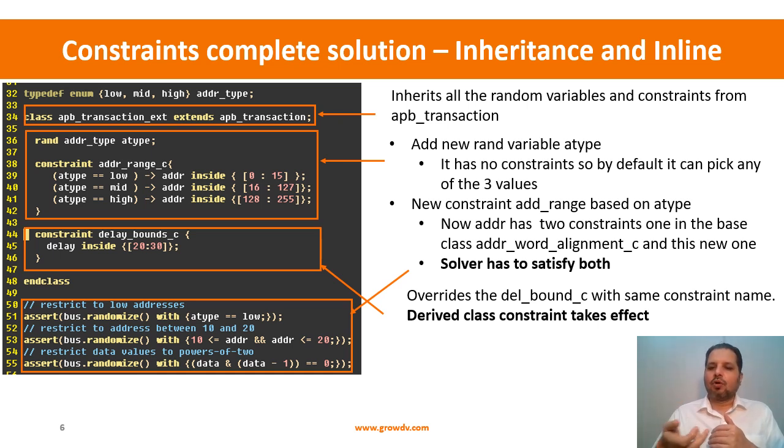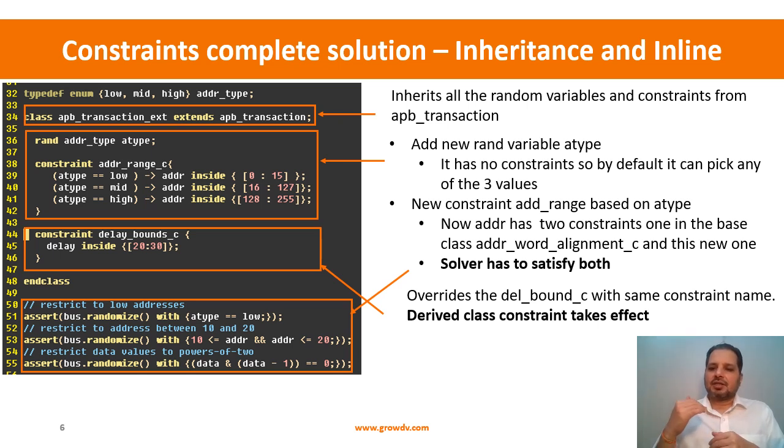You can add new methods to the derived class, or you can override a method in the base class, either adding new functionality to it or replacing it with newer functionality. If you wanted to add new functionality, you call the base class function as well, super dot whatever the corresponding function. So now you have the base class functionality, and thereon you can add the newer functionality. That is how it worked in the case of inheritance.